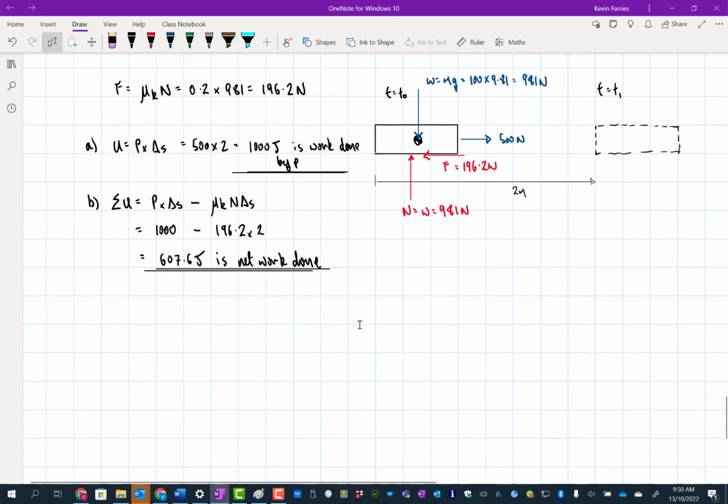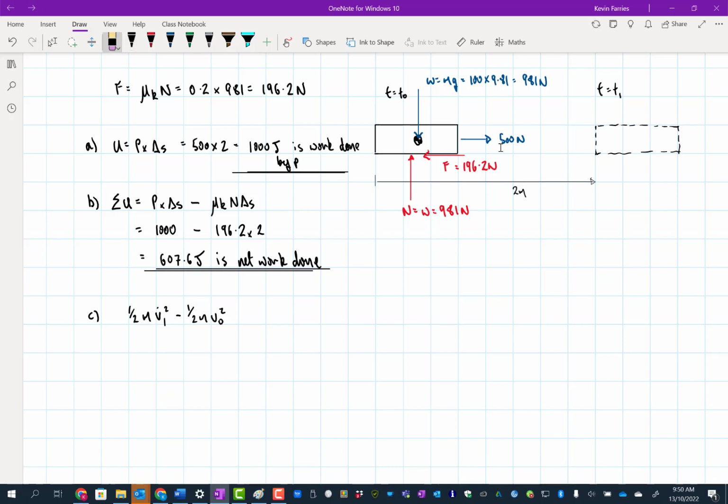And so when we calculate what the kinetic energy of this is, when we've got friction acting, it's the net work done by all the forces that matter. And so therefore we can write the equation: half mv1 squared minus half mv naught squared.